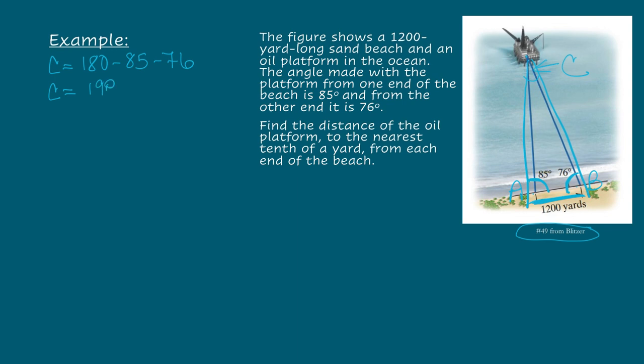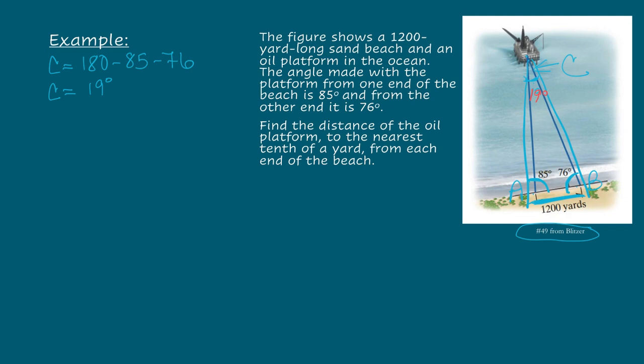Actually, let me fix that, that does look like 190 almost, because I started to write something else. 19 degrees. We can see that's a tiny little angle there, so that makes sense that it would be 19 degrees. I probably should pick another color, shouldn't I? It's not showing up very well. 19 degrees. There we go. Okay, so C is 19 degrees.